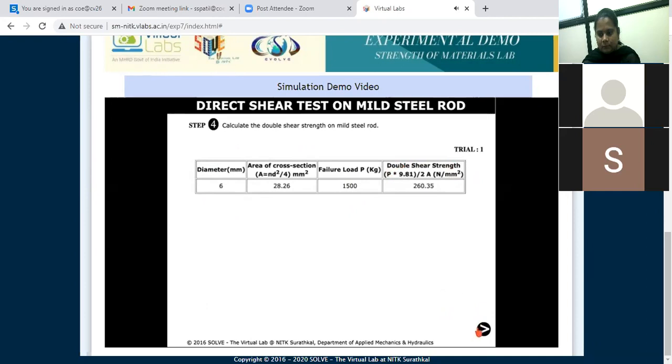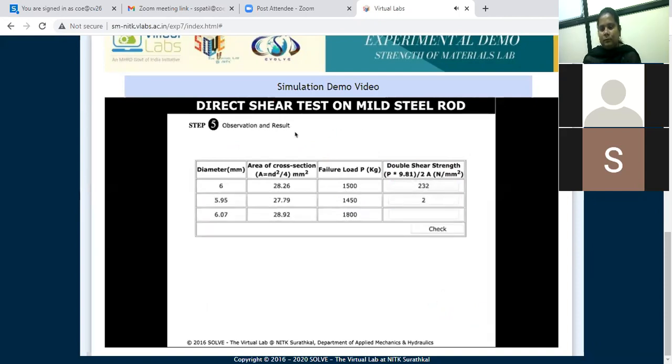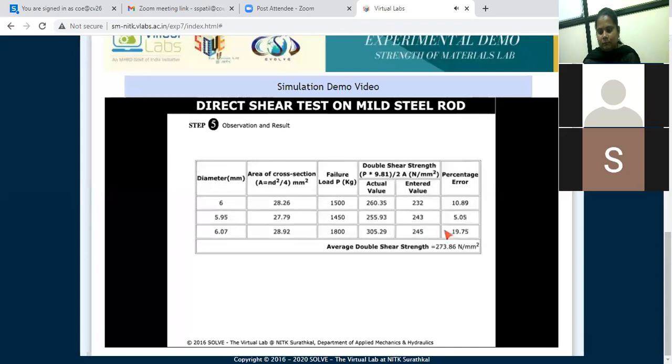Similarly, we follow the same steps for trial 2 and trial 3. These are the observations of the 3 trials. We can enter the calculated value here and check for the values. The percentage error shows the difference in the actual and entered value. Average double shear strength is found.